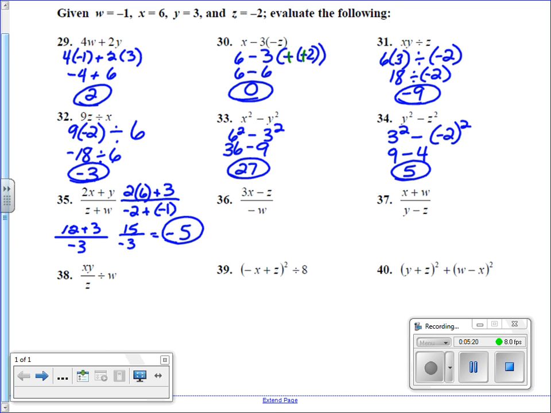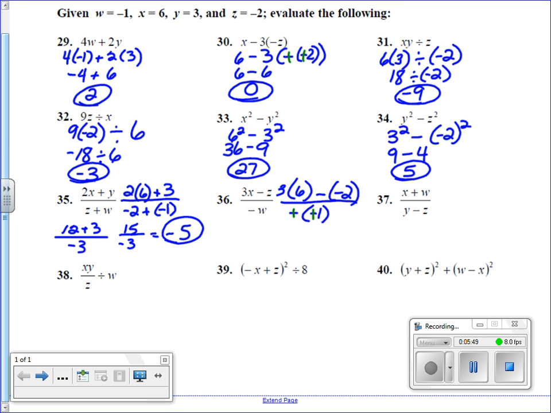Next, I have 3 times 6 minus negative 2 all over, it says negative w. We know w is negative 1, so it's going to be negative, negative 1, okay? Or the opposite of negative 1. So that's going to just make it a positive 1.